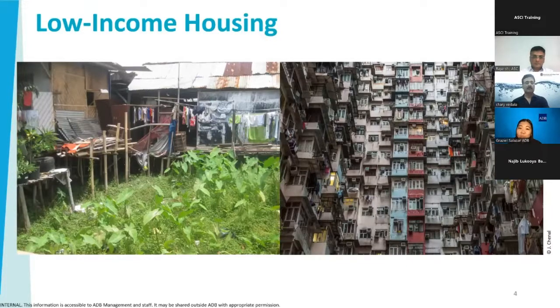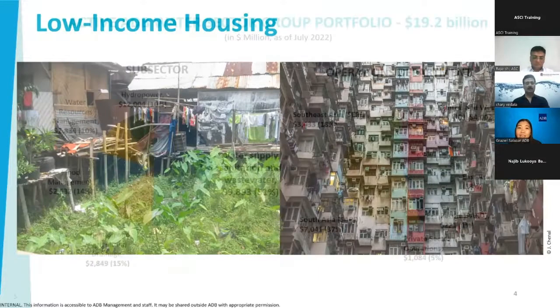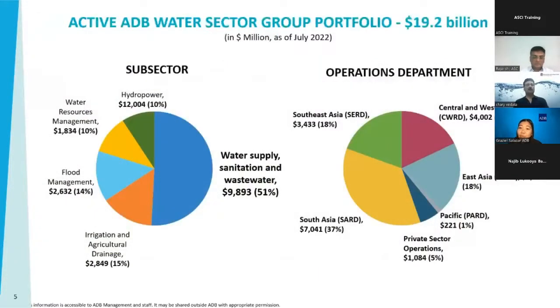A full range of technical and institutional options need to be available to provide urban services for all. Given these challenges, ADB prioritizes water investments and interventions. Next slide, please. And are integrated across 4 focal areas to deliver successful and sustainable outcomes.